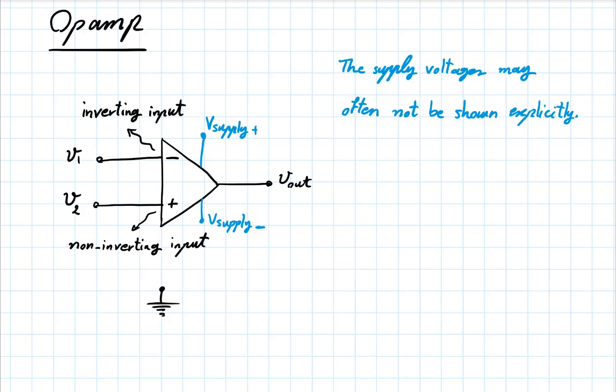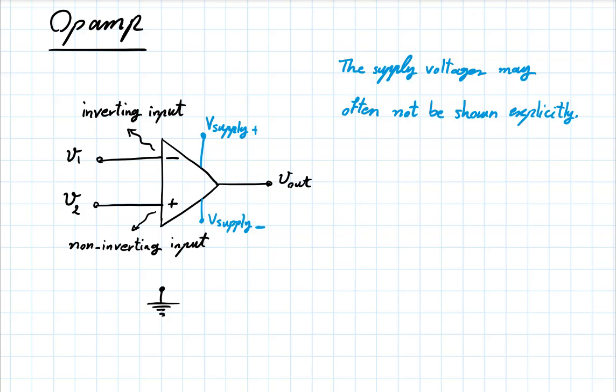But what really matters is the two inputs and the output, and the relationship between the two inputs and the output. And the relationship is simple. Vout, which is the node voltage measured here at the output with respect to the ground, is a multiple of the difference between the two inputs.